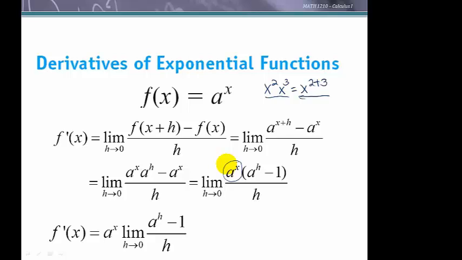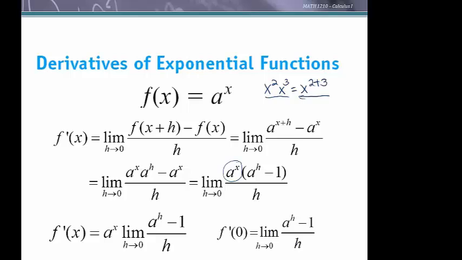Now this is not something that we can directly evaluate, so let's have a look and consider something that maybe we can do. Let's figure out this derivative at x equals 0, and we would have a to the 0, which is 1, and then be left with the limit as h approaches 0 of a to the h minus 1 over h.